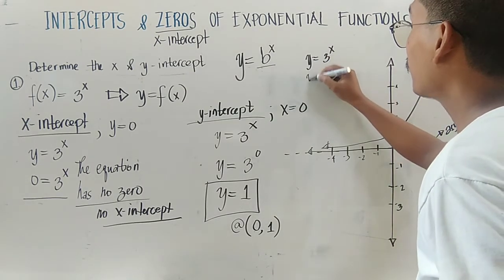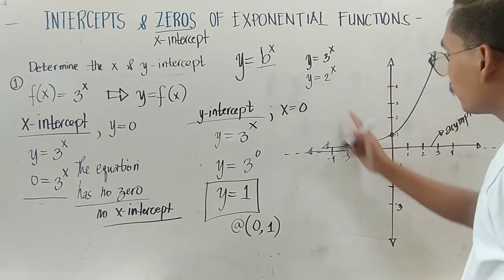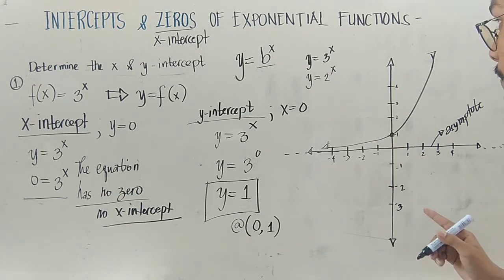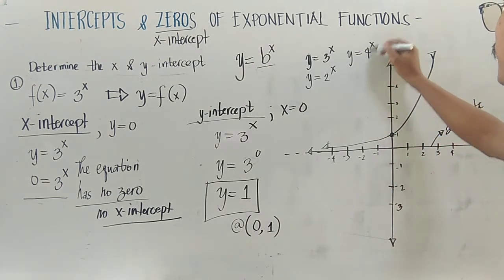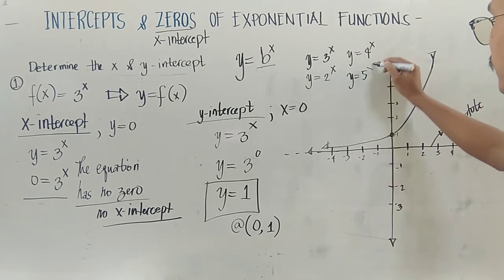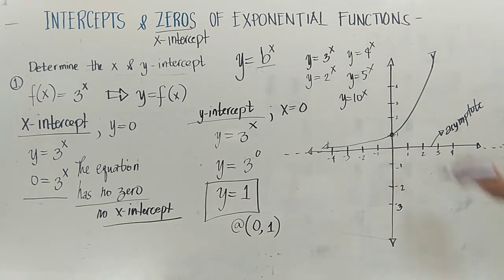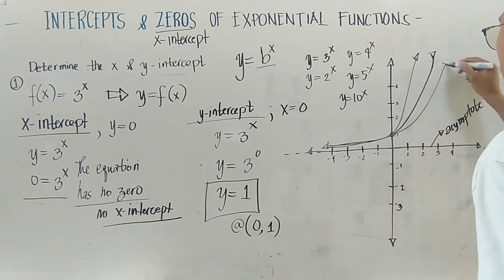So another example is y equals 2 raised to x. The graph will still look like this. Y is equal to 4 raised to x, y is equal to 5 raised to x, y is equal to 10 raised to x. Still the graph will pass through that point.